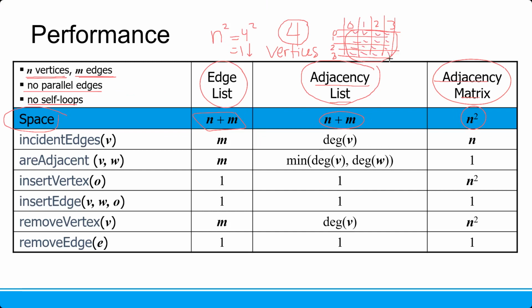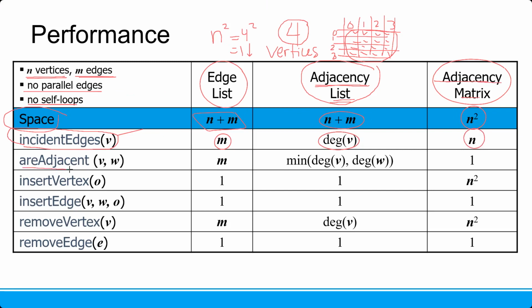We have 16 spaces. For the incident edges, we will check how many times we need to find the incident edges of V. While using the edge list, we need m times. When we use the adjacency list, we just need the degree of V. If we use the adjacency matrix, we need n times.